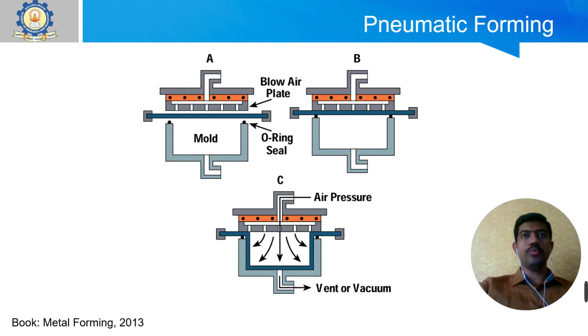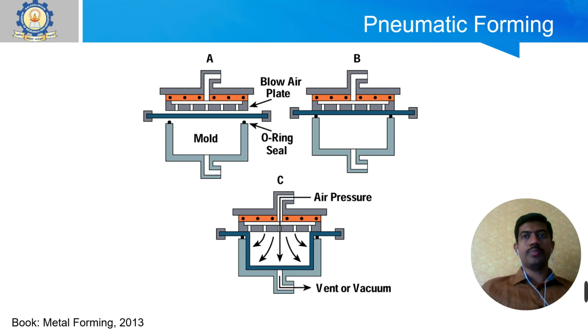And then comes the pneumatic process. Similar to hydroforming, instead of using either a rubber pad or hydraulic liquid, here we use high pressure pneumatic air to create a high amount of force on your sheet metal, so that this force will deform your material into the specific shape.